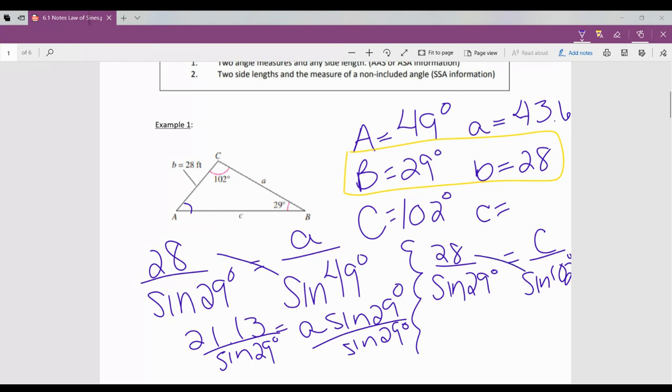We do 28 sine of 102, and that equals 27.39 equals C sine of 29. So we divide by sine of 29, and we get C is equal to, rounded to the nearest tenth, 56.5.